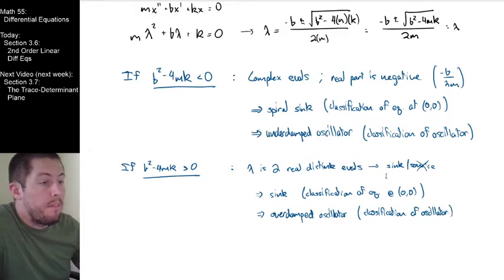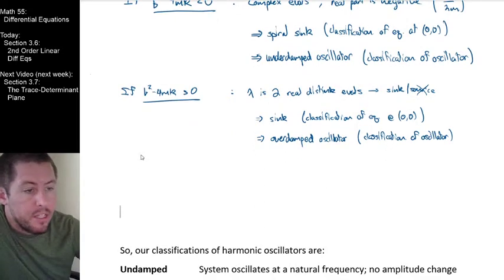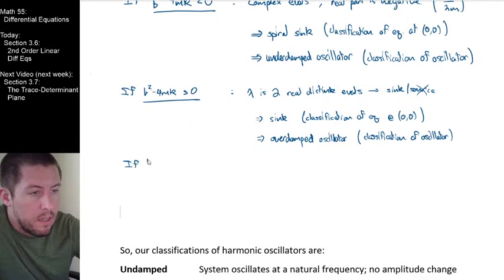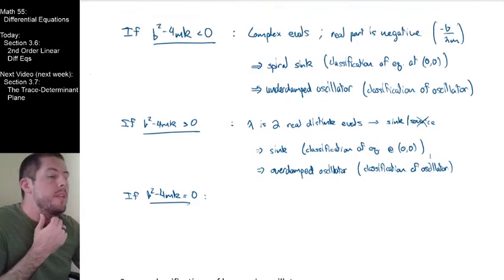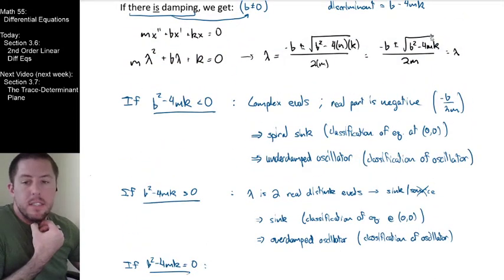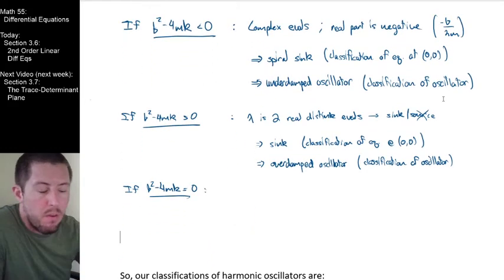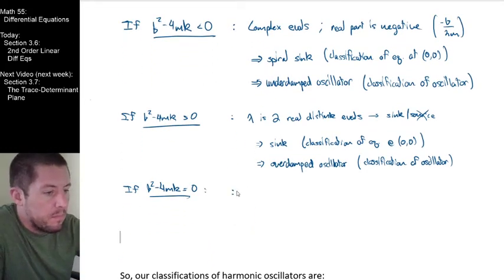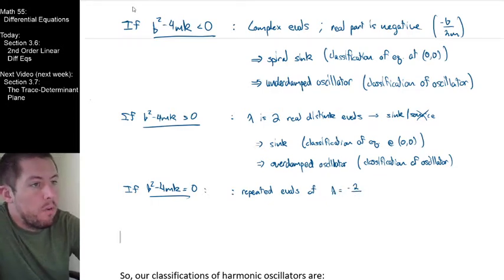All right. So finally, in the case that engineers are primarily interested in, if b squared minus 4mk is equal to 0, then what we saw when we did this last week is that you get repeated eigenvalues of negative b over 2m.